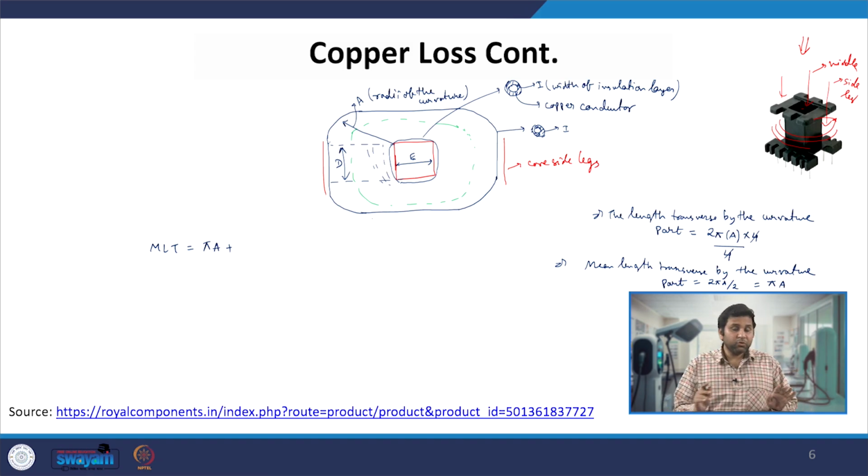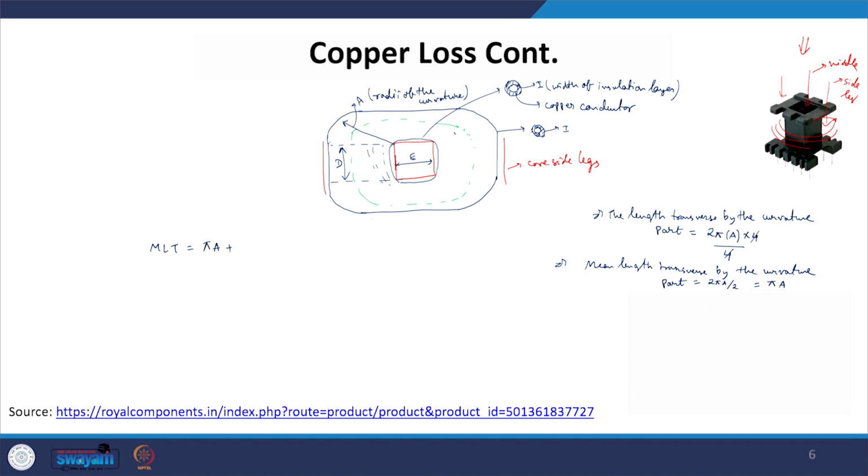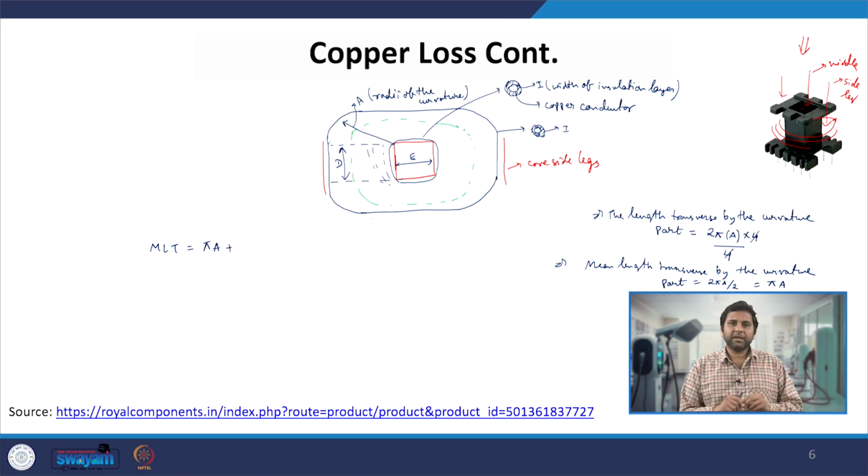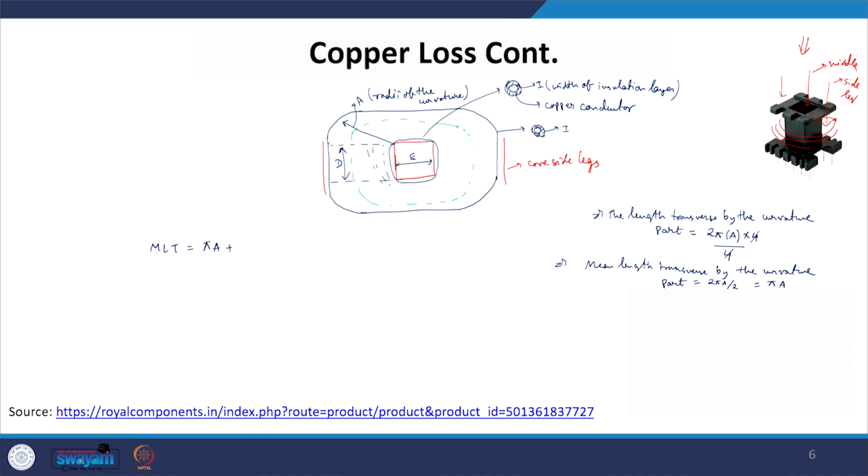Here we have assumed that our windings completely cover the entire window area, that the window area is completely accommodated by the winding. That is the assumption we have taken.